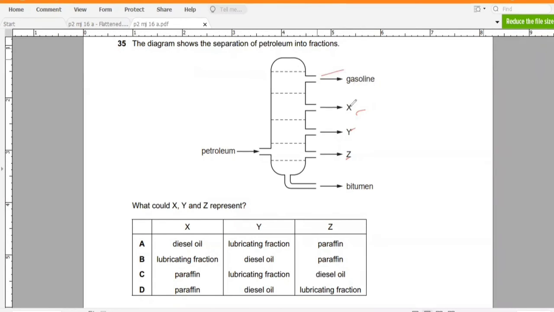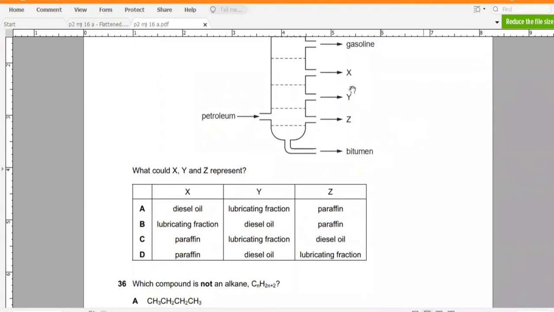So gasoline is obviously lighter than X, Y and Z, and the last one is heavier. Butane is actually a heavier substance. These are generated when you boil the crude oil, so we get these petroleum products. These are the crude products. So what could X, Y, Z represent?